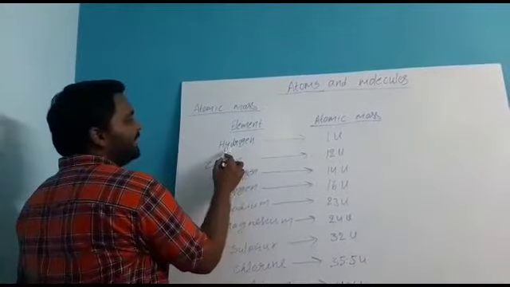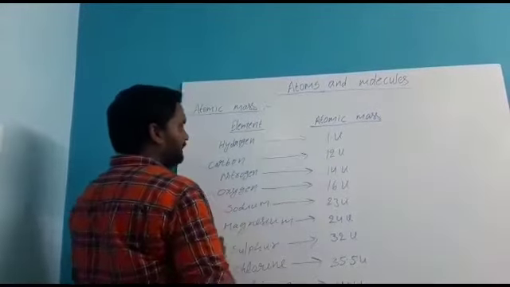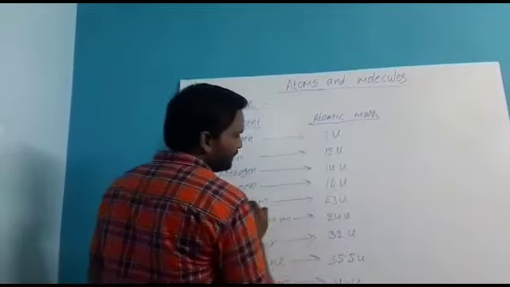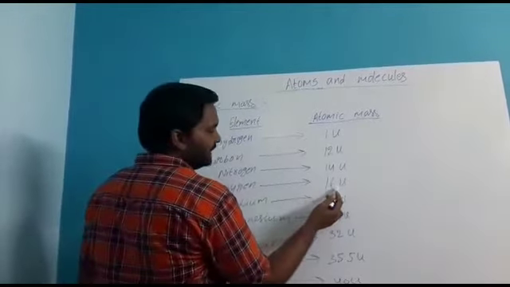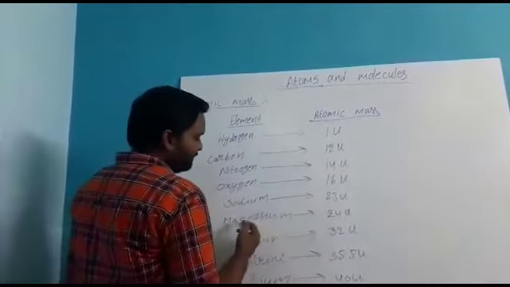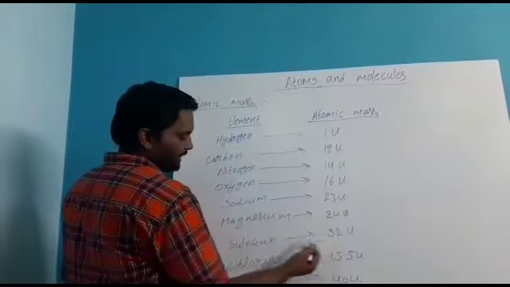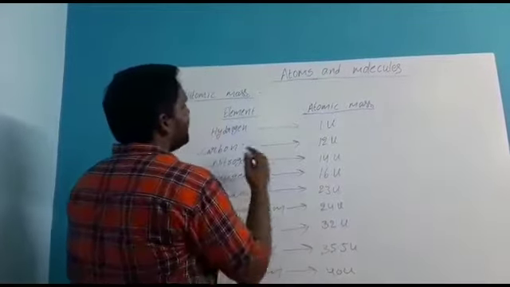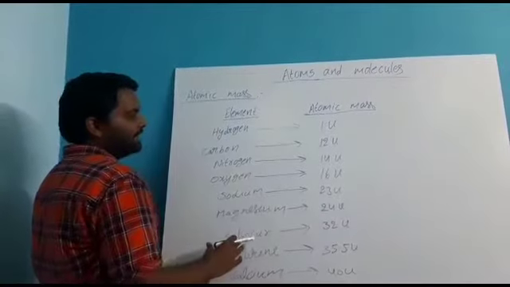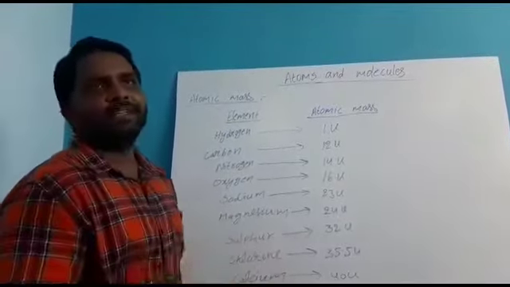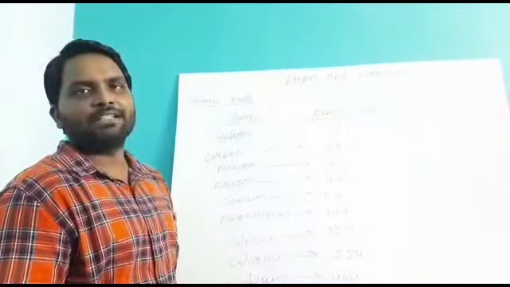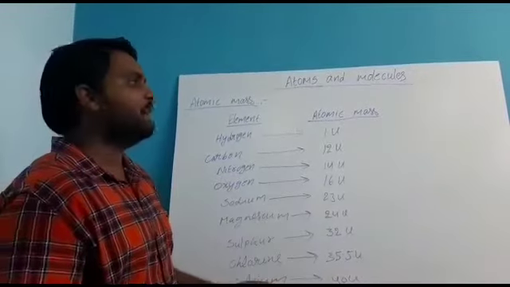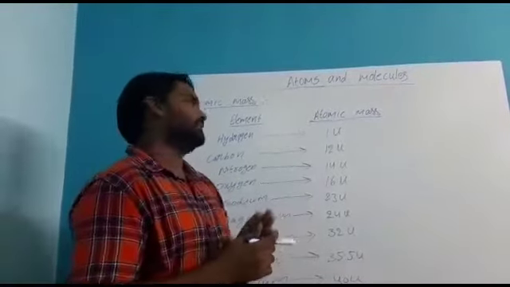For example, hydrogen atomic mass is 1 unit, carbon is 12 units, nitrogen is 14 units, oxygen is 16 units, sodium 23, magnesium 24, sulfur 32, chlorine 35.5, and calcium 40 units. These atomic masses of elements are compared with the carbon atomic mass, which is 12 units.